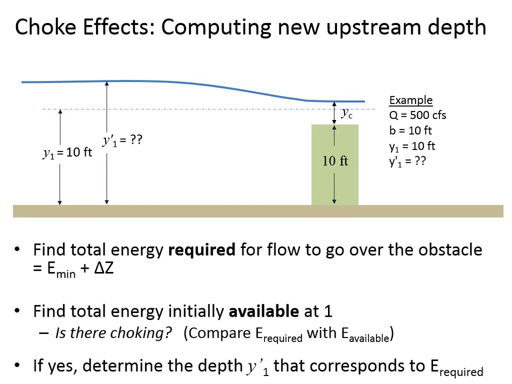All right? And so what we had was 10 feet was the initial flow depth, and then we have a flow per unit width of 50 feet squared per second, squared, divided by 2g, and then the depth of flow 10 feet squared.